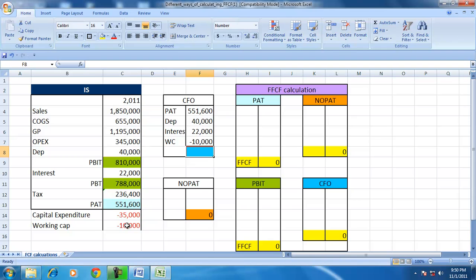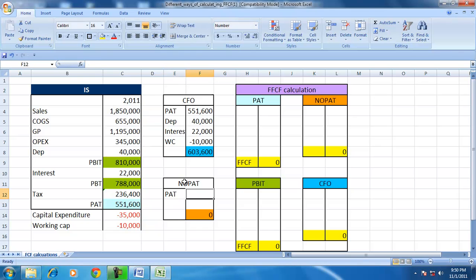So the cash from operation is 603,000. We will use this number, cash from operation, to find the free cash flows for the firm. But before that, let us also find the net operating profit after tax.